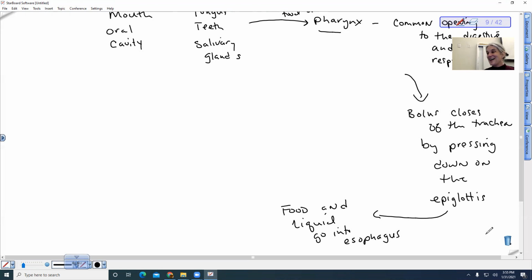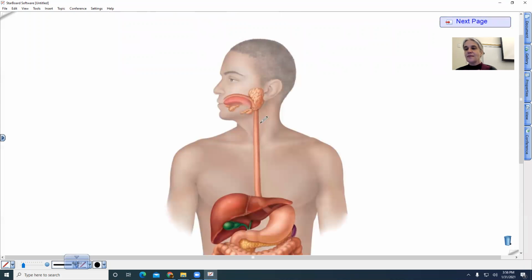So let's look at a diagram of our digestive system. The tongue is skeletal muscle under voluntary control, also really important for speech. Salivary glands: we have big salivary glands also in our cheek. The mumps virus infects those and causes them to swell, and we get mumps.